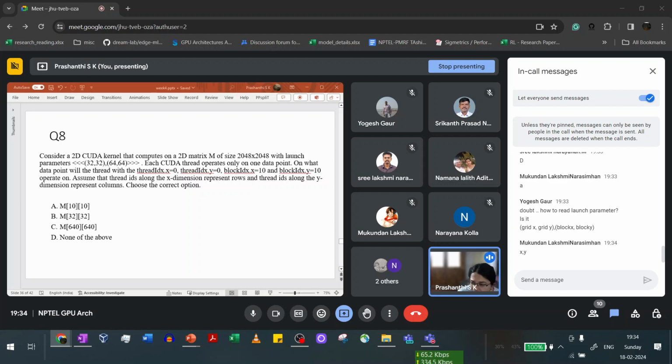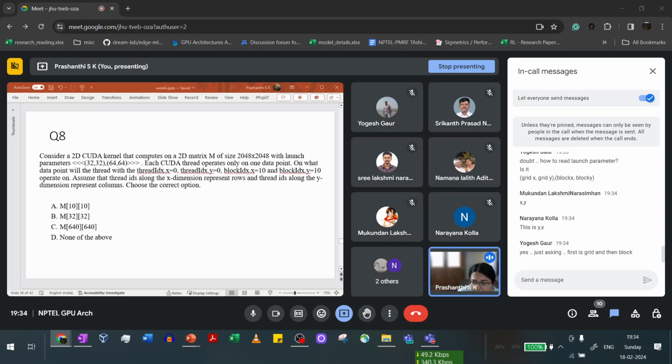If it was x comma y, then follow x comma y. I'll check that also and get back to you, specifically for the week 4 assignment which you need to submit. And how to read as in grid comma block? Yes, first is grid and then the block. That's correct.